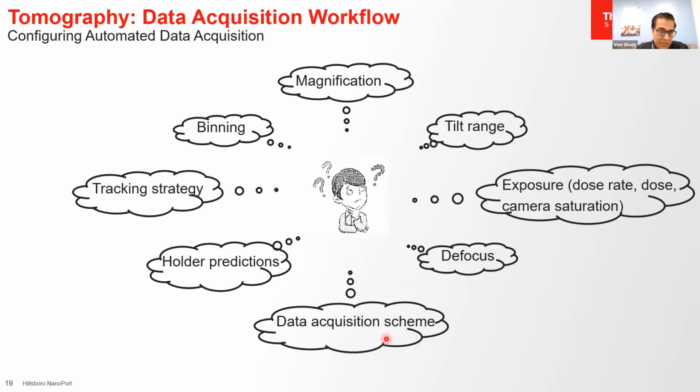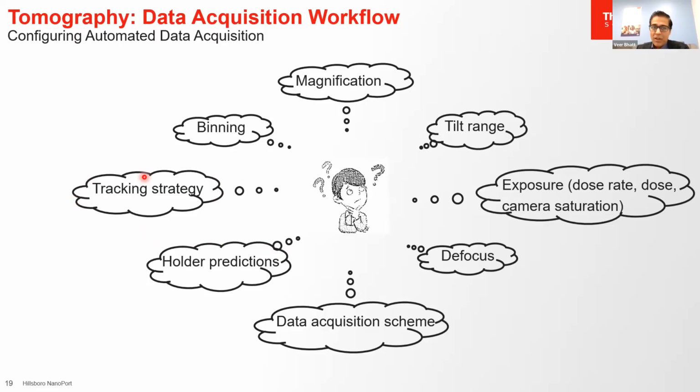Data acquisition scheme, I'll discuss a little bit in the next slide. And then there are holder predictions, which are pre-calculated trajectories for holders. On occasion, they can save us some time, but wherever applicable, as long as you are using the same holder, they should not harm our acquisition. So it's advised to use them whenever they are available.